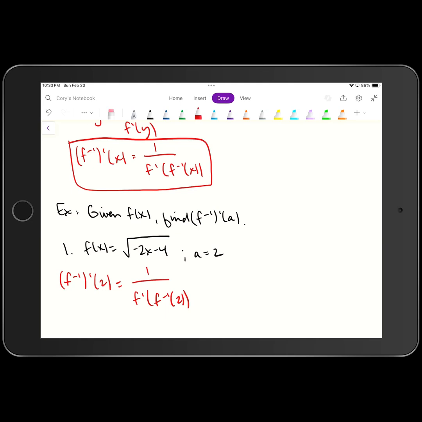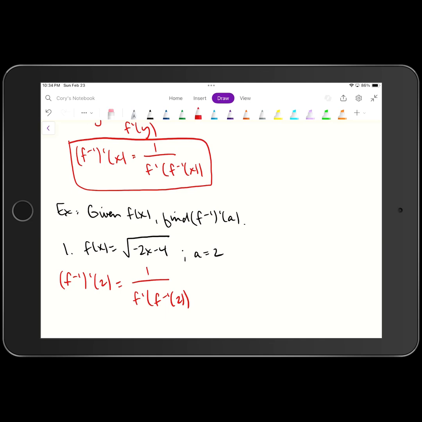Okay, so there are two things that I need to determine in order to calculate f inverse prime of 2. I need to know what the derivative of my function f is going to be, so I need to figure out what f prime is, and I also need to figure out f inverse at 2. So I'm going to figure out the inverse part first, and then we'll take the derivative, and then we'll plug that inverse value into our derivative.